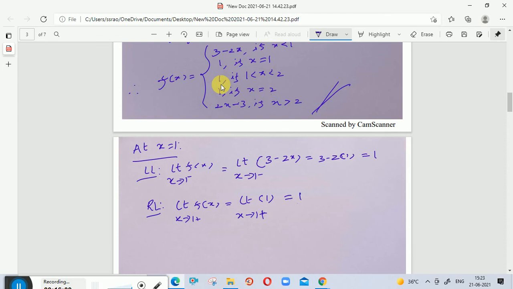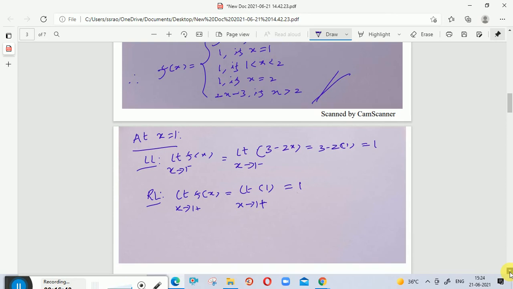That is equal to 1. Here left limit is 1, right limit is 1.